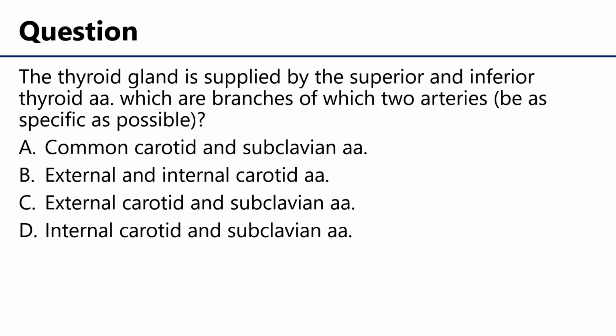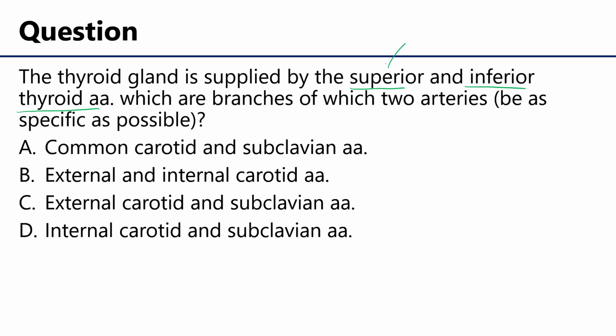And that leads us to the assessment question for this video, and that is the thyroid gland is supplied by the superior and inferior thyroid arteries, which are branches of which two arteries? Be as specific as possible. Well, let's think about this.